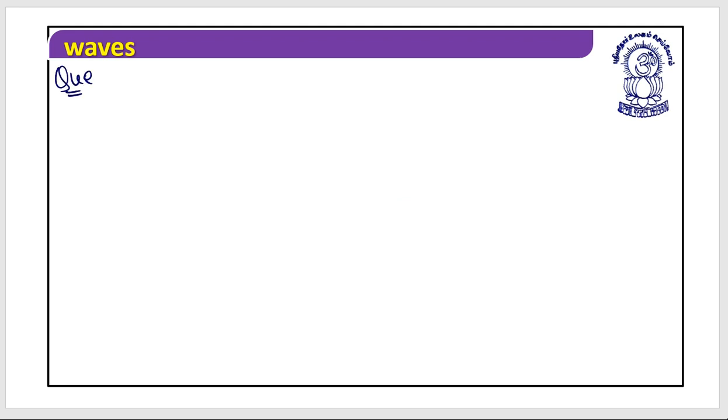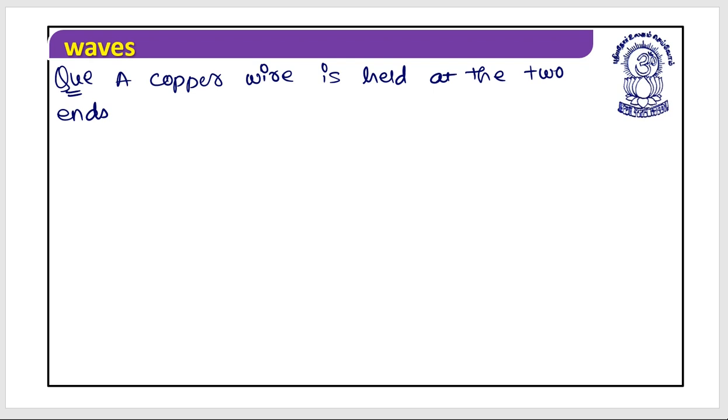They said that a copper wire is held at the two ends by rigid support at 30 degrees Celsius.